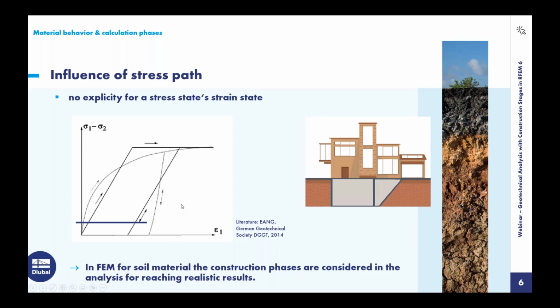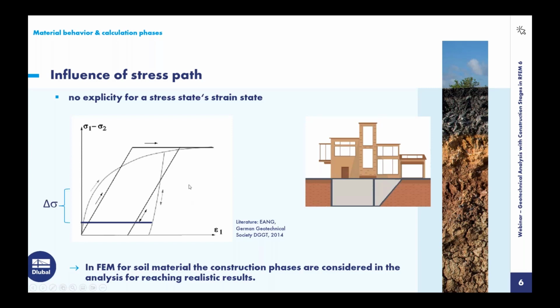This is what we do in the analysis. We calculate a first state of the soil, the initial state, where we only calculate the geostatic stress. If we start here and consider this geostatic stress, we use the correct stiffness modulus. If we would start here from 0 and not consider the stress, we would use the wrong stiffness.